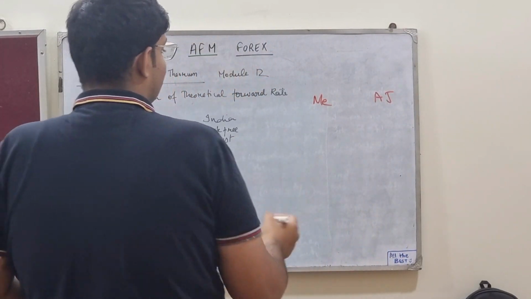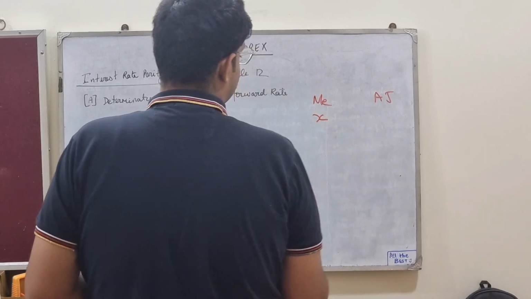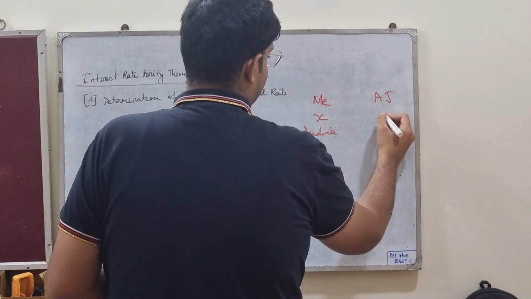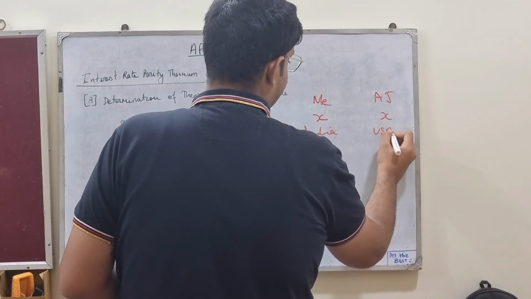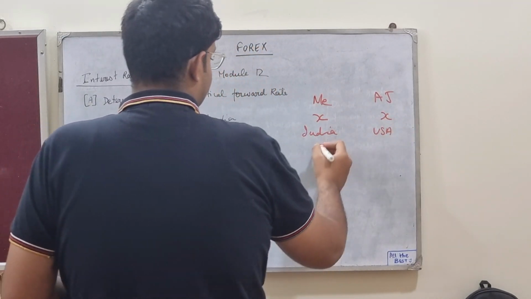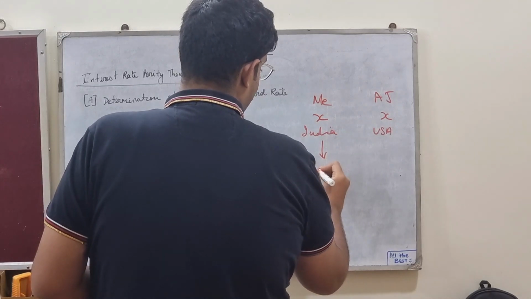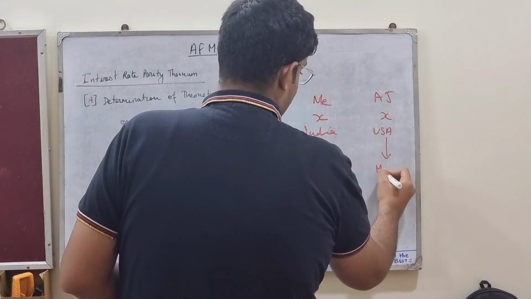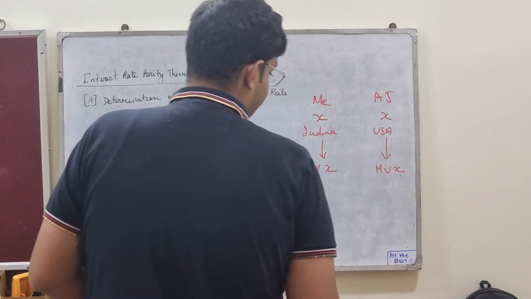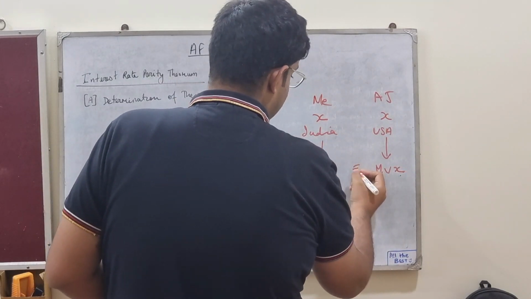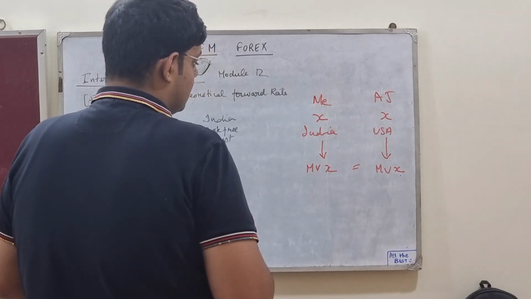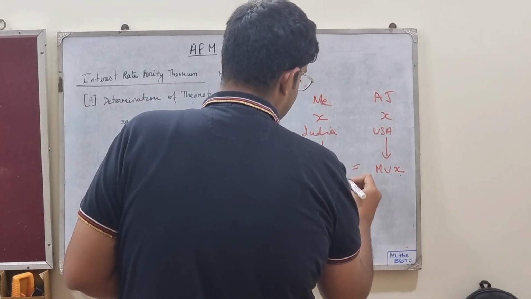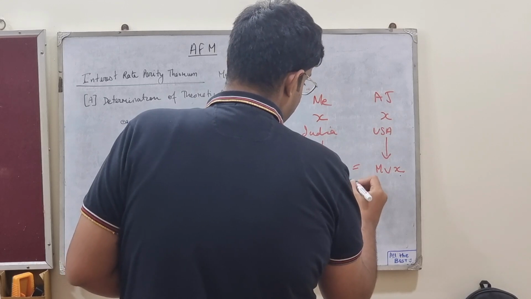If I am investing X amount in India and she is investing X amount in the US, the maturity value of X in India and the maturity value of X in the US should be equal, considering the fact that there are changes in the forex rates.